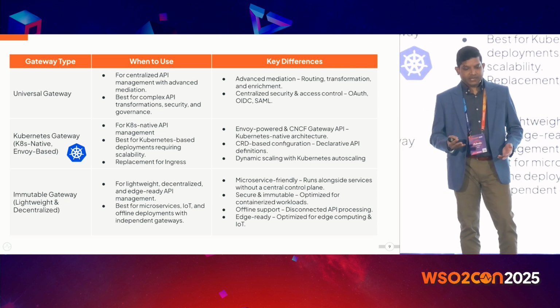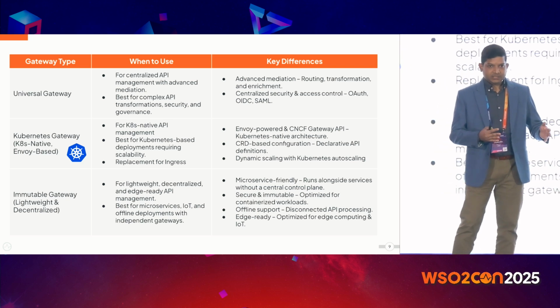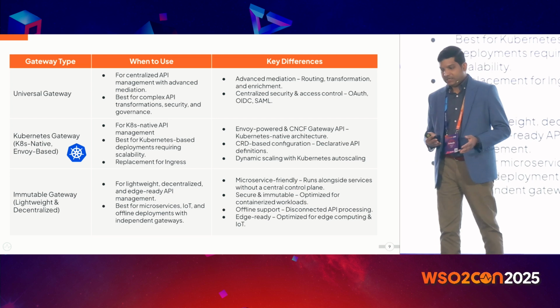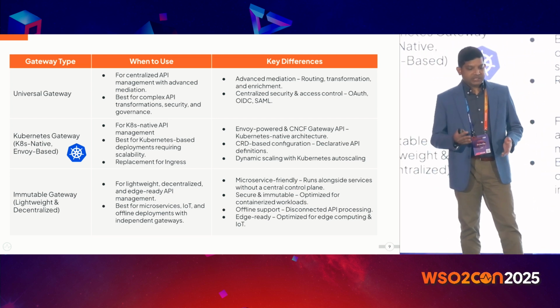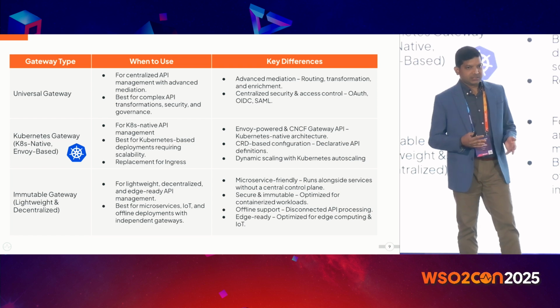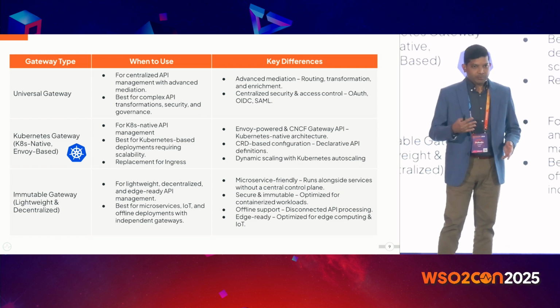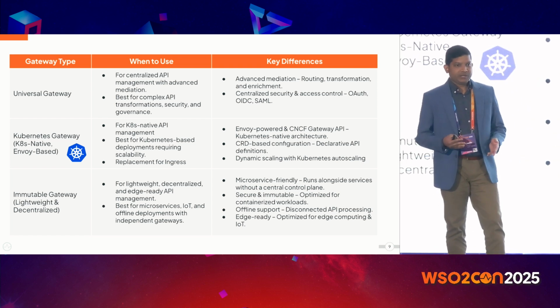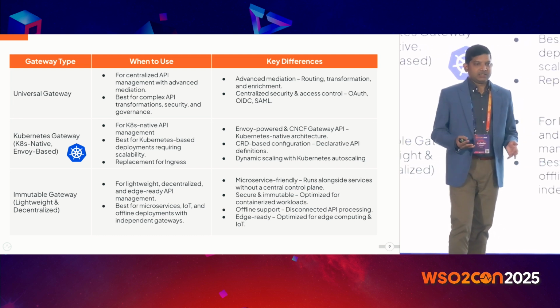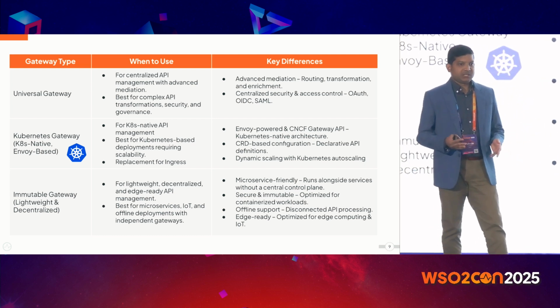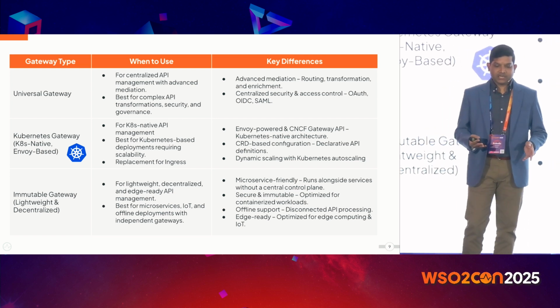This is based on the CNCF Kubernetes Gateway API, which replaces the ingress resource. More and more vendors are moving to the Kubernetes Gateway from the ingress resource due to the limitations in the ingress resource.